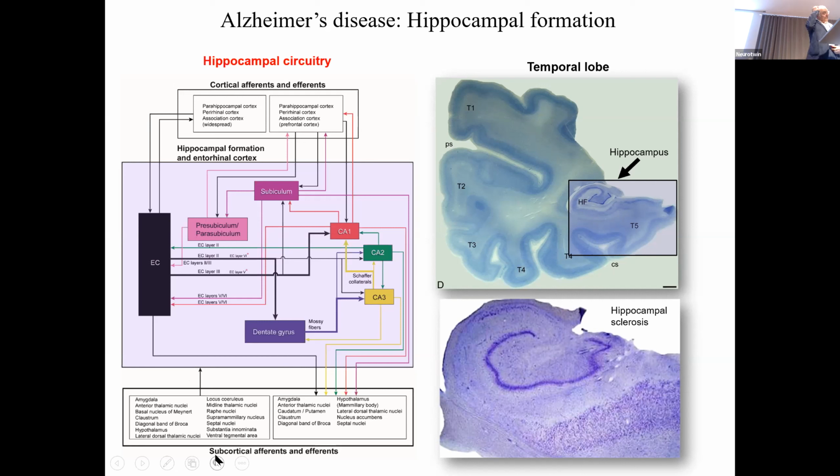Before, when we made a model of a pyramidal neuron or synapses, the number of synapses and so on was based on extrapolation of data from animals. But now we are using humans, and the humans can be analyzed in very good detail. It's not only the hippocampal formation that we are analyzing, but also many other cortical areas.